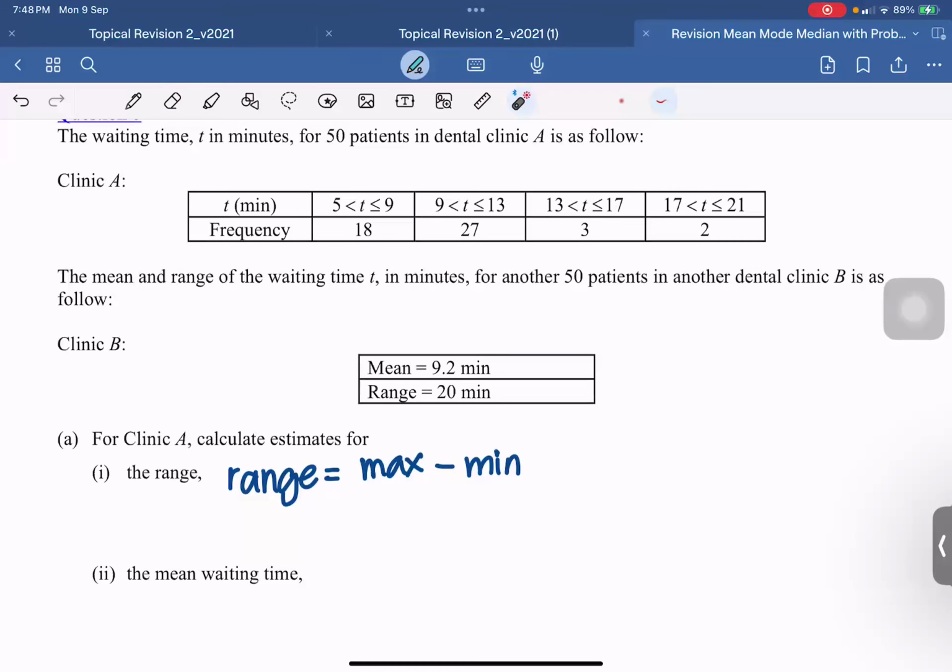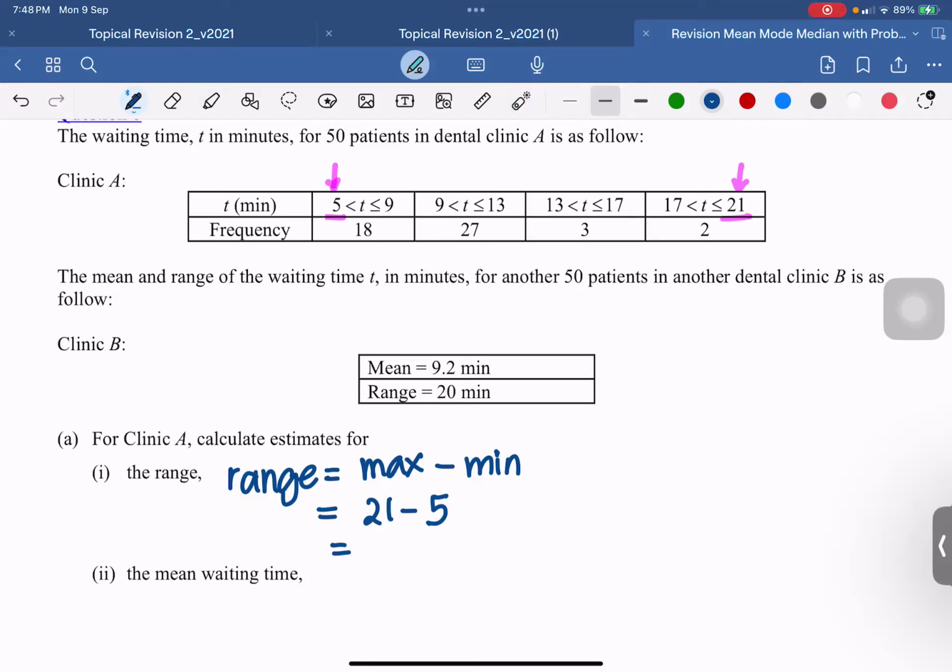My maximum over here is 21, minus my minimum number, which is 5. So what will be the range? 21 minus 5, what is the answer?